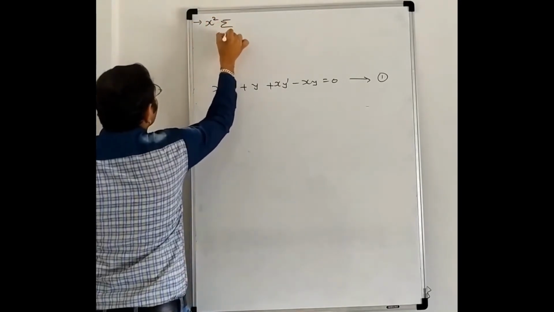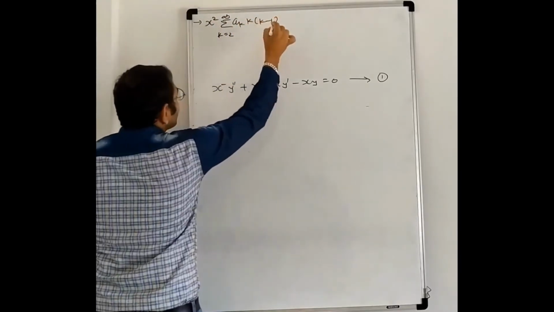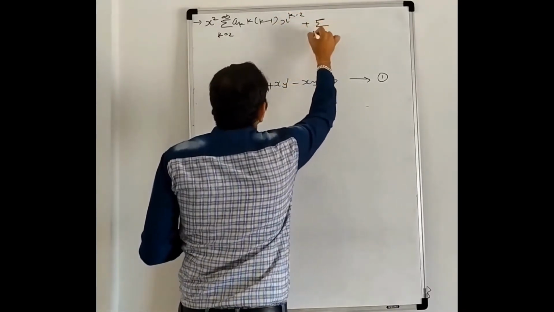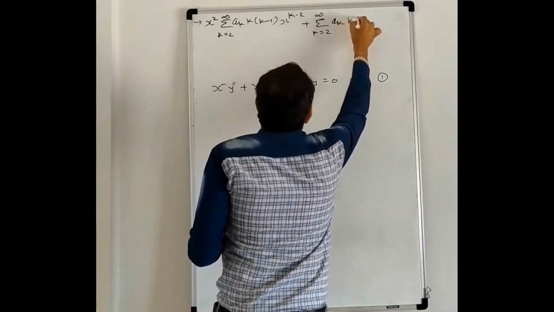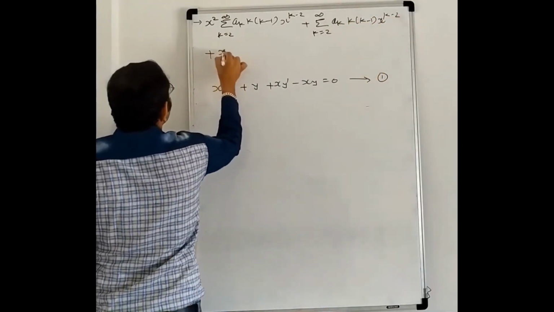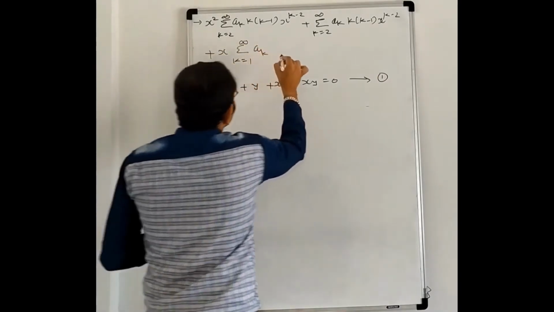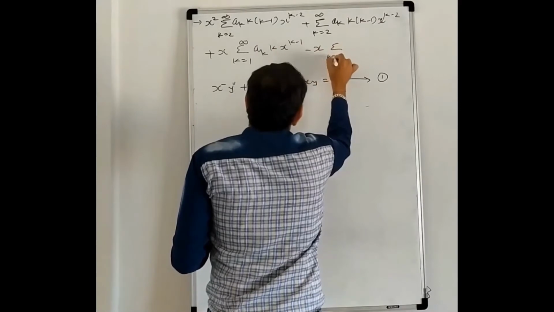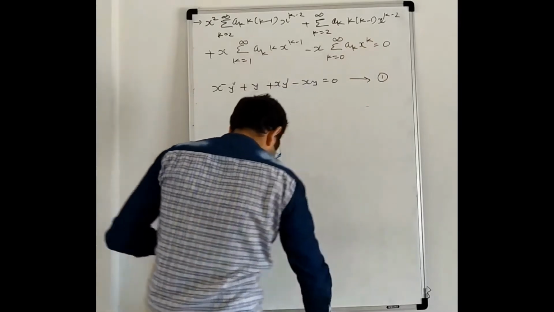We get x square summation k equal to 2 to infinite ak k into k minus 1 x raised to k minus 2 plus summation k equal to 2 to infinite ak k into k minus 1 x raised to k minus 2 plus x summation k equal to 1 to infinite ak k x raised to k minus 1 minus x summation k equal to 0 to infinite ak x raised to k equal to 0.